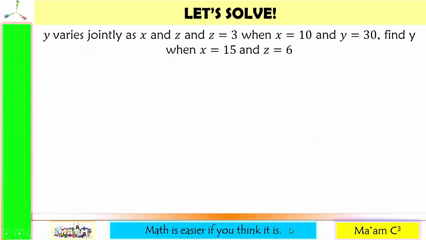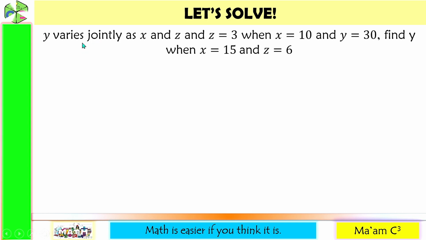Now, let us solve. Y varies jointly as x and z, and z is equal to 3 when x is equal to 10 and y is equal to 30. Find y when x is equal to 15 and z is equal to 6. So first, we are going to construct our variation equation.